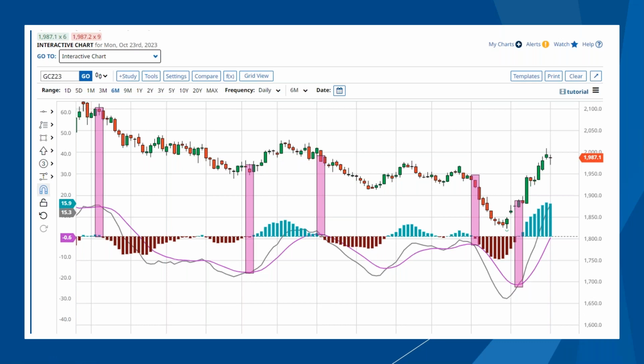Now, another feature that MACDs have, and this is really one of the reasons why I use it, is when our fast line crosses this zero line, you can see across here, that is a confirmation of our trend. Again, lagging, but confirmational. So when it moves from above to below, that is confirming that we're in a downtrend. When it goes from below to above, that is confirming to us that we're in an uptrend.